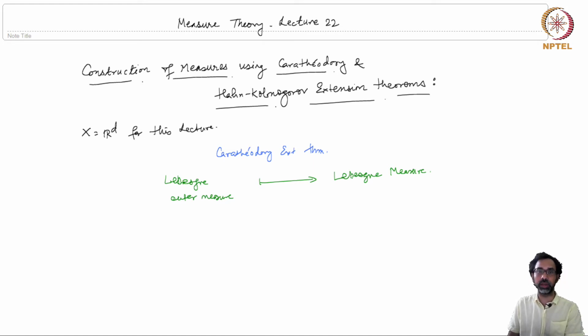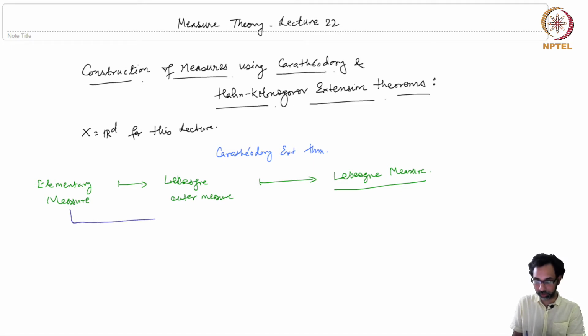So the restriction of the Lebesgue outer measure to both these sigma algebras is the same, and this is the Lebesgue measure. But in fact, remember that we had a definition of Lebesgue outer measure using the elementary measure, and I claimed in my last lecture that this passage from the elementary measure to the Lebesgue measure is given by the Hahn Kolmogorov extension theorem.